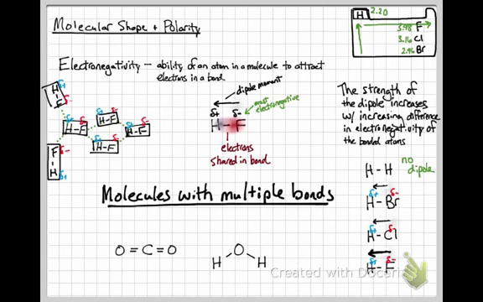Now, in this CO2 molecule, oxygen is much more electronegative than carbon. It's further to the right on the periodic table. So I should have a dipole moment towards the oxygen on both bonds.